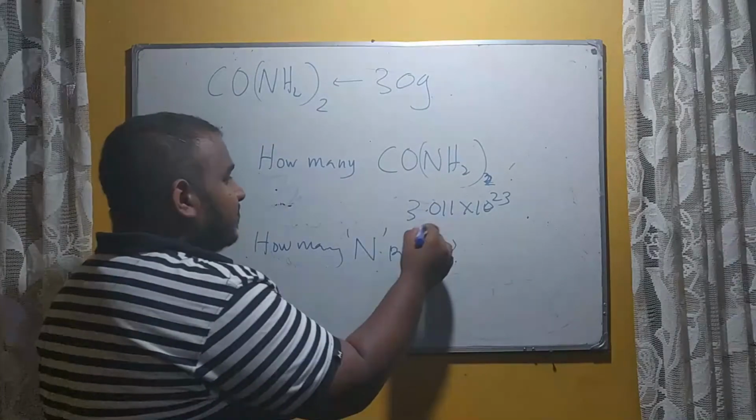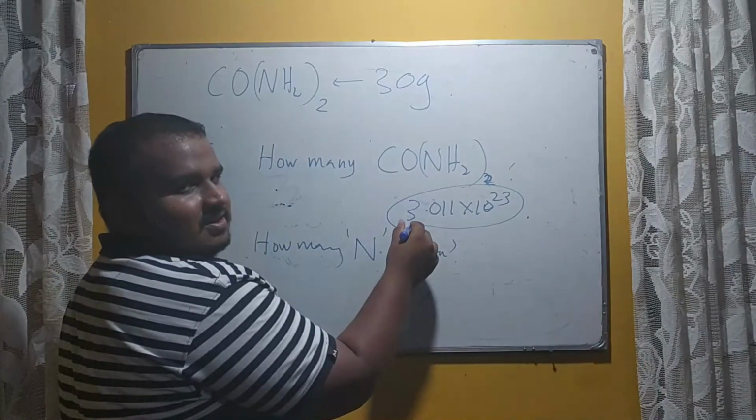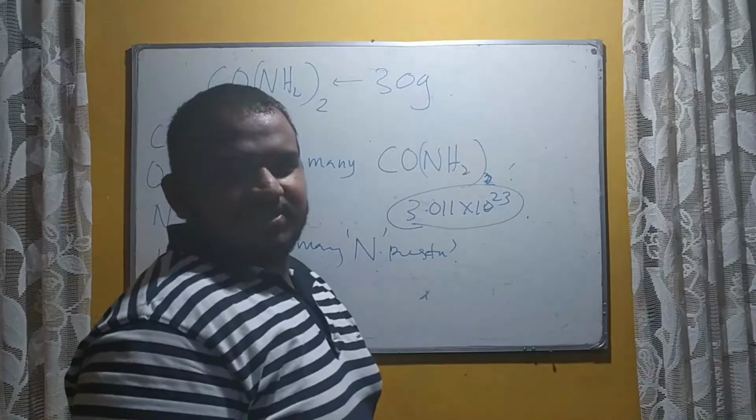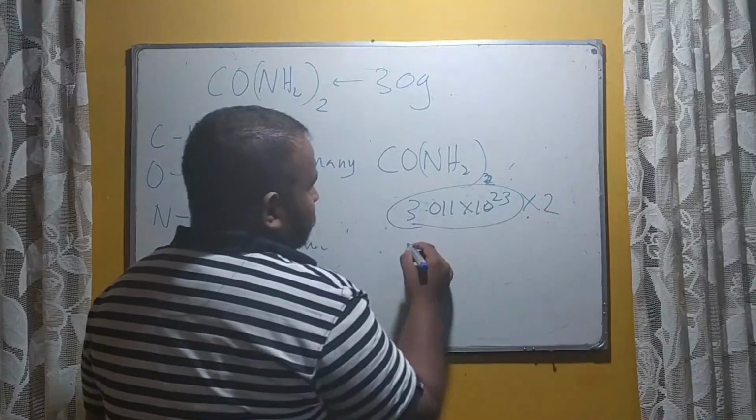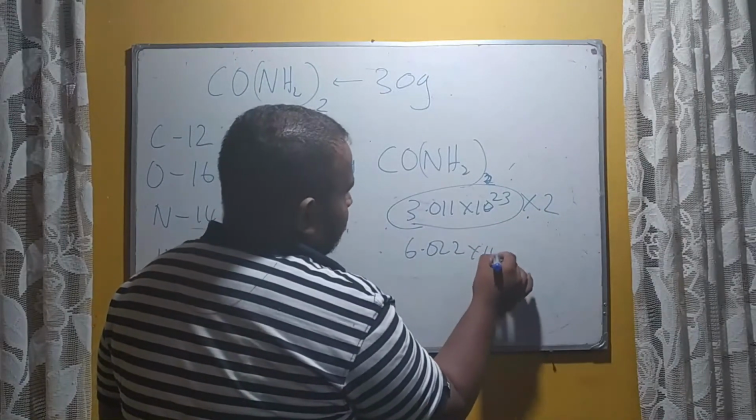So in this much urea, the double of it will be present. So the answer will be, multiply by 2, 6.022 into 10 to the power of 23.